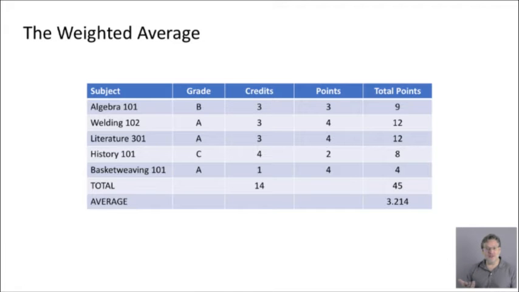It seems reasonable that the C, unfortunately, for History 101 should have a slightly greater weight to it than the A that the person got in Basket Weaving 101.